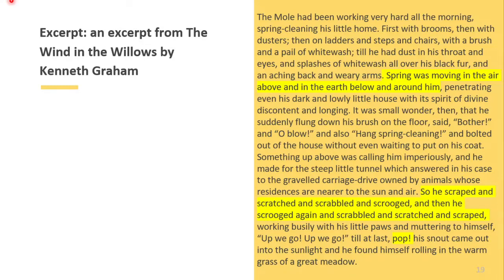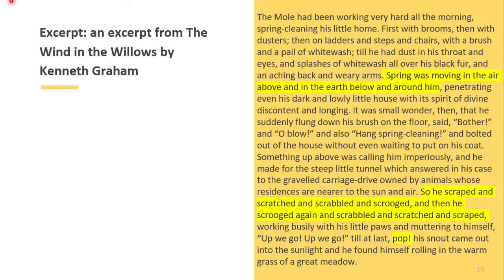The mole had been working very hard all morning, spring cleaning his little home. First with brooms, then with dusters, then on ladders and steps and chairs, with a brush and a pail of whitewash, till he had dust in his throat and eyes, and splashes of whitewash all over his fur, and an aching back and weary arms.